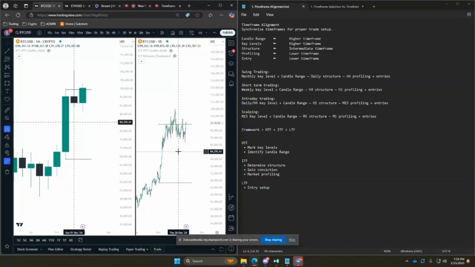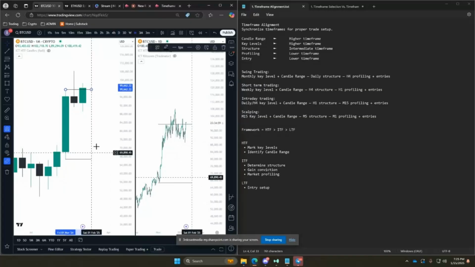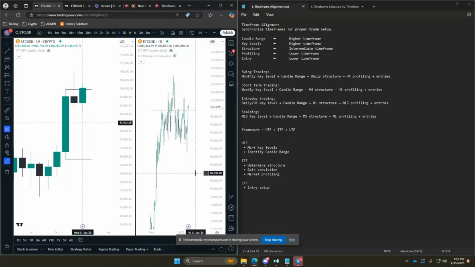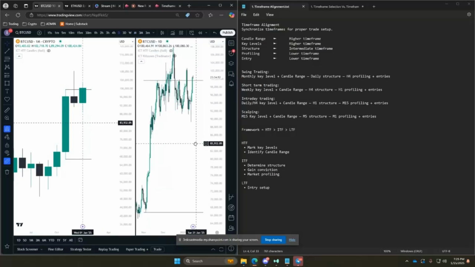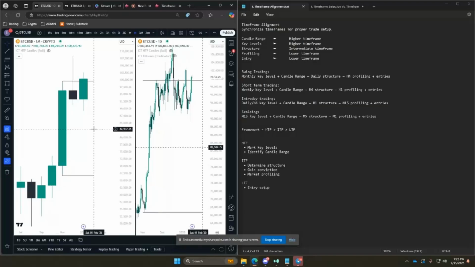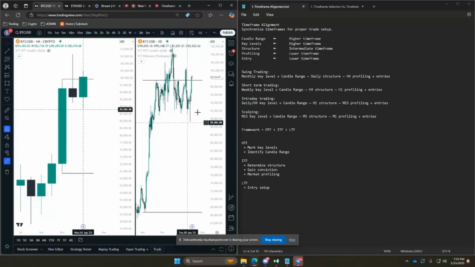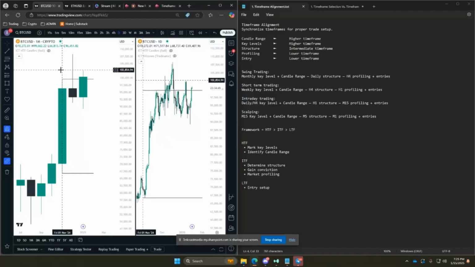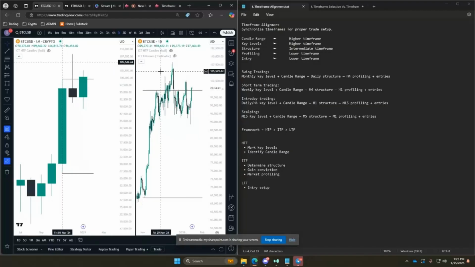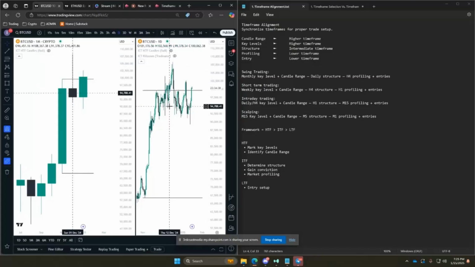If we're looking at the candle range, we can see that we have the candle range high, and then we have the candle range low. And then the same range is now marked here, but on the daily chart. So we can see they have a similar structure, but the daily chart provides us with more information.